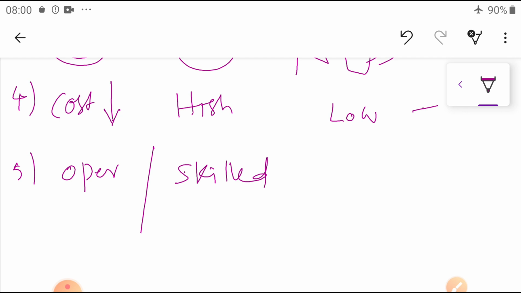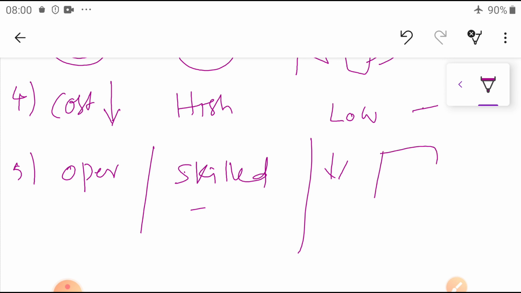So there is a cost related to maintaining a skilled operator. In the star delta case, the operator also is required. He has to initially start in the star connection, and after the motor reaches 80% of the speed, we have to move it to the delta connection, or otherwise we use timers. It is not so easy to operate, since the connections are first made in star, then in delta, either manually or automatically.